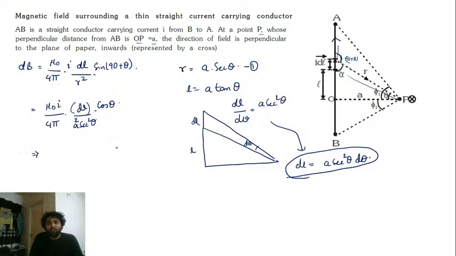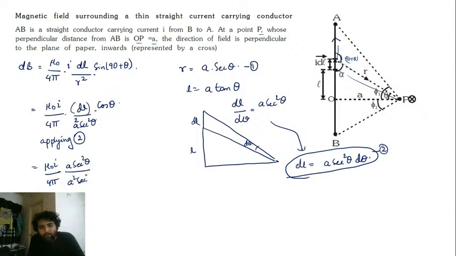So this whole thing will now become mu naught I by 4 pi into a secant square theta by a square secant square theta into cos theta d theta. Wonderful solution here. Can you understand this?